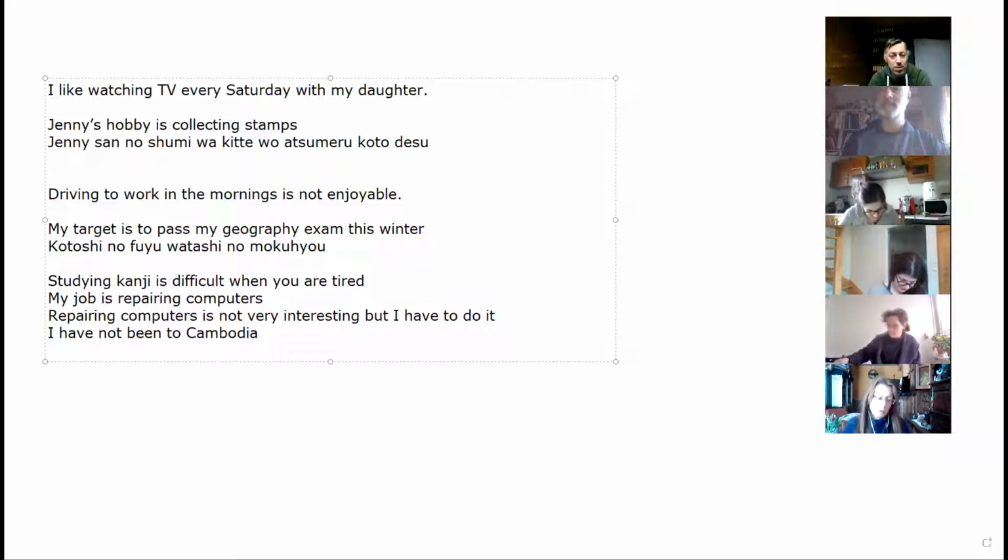Mokyou wa. If your geography was better, you would know the name of the South American country on the west coast. Chile. Very good.